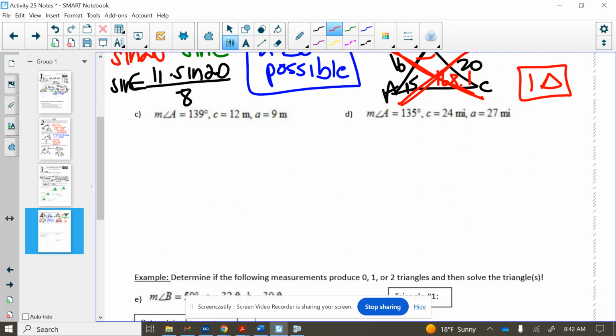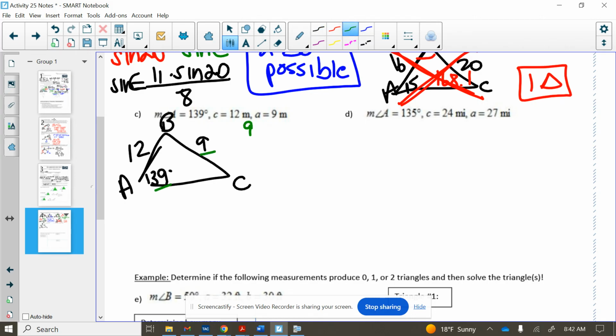All right, on our next example, we are given this time that angle A is 139 degrees, little a is 9, and little c is going to be 12. So again, if we start trying to solve on this one, we have sine of A over 9 equals sine of C over 12.